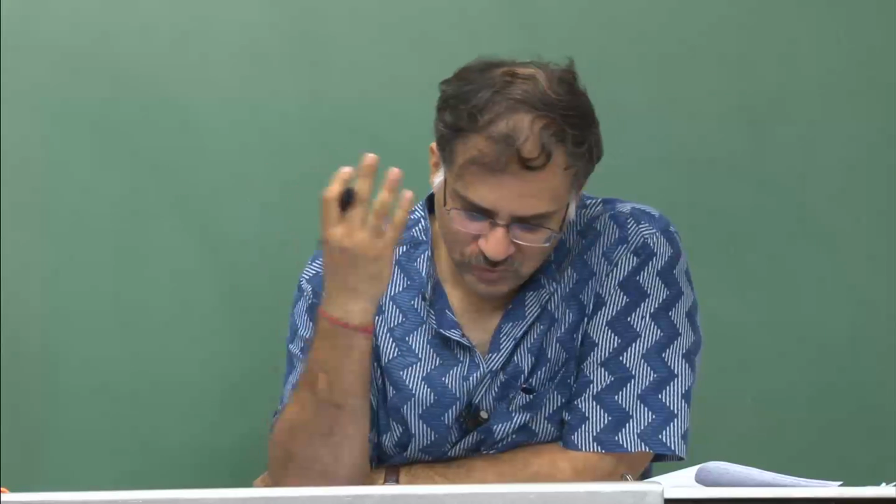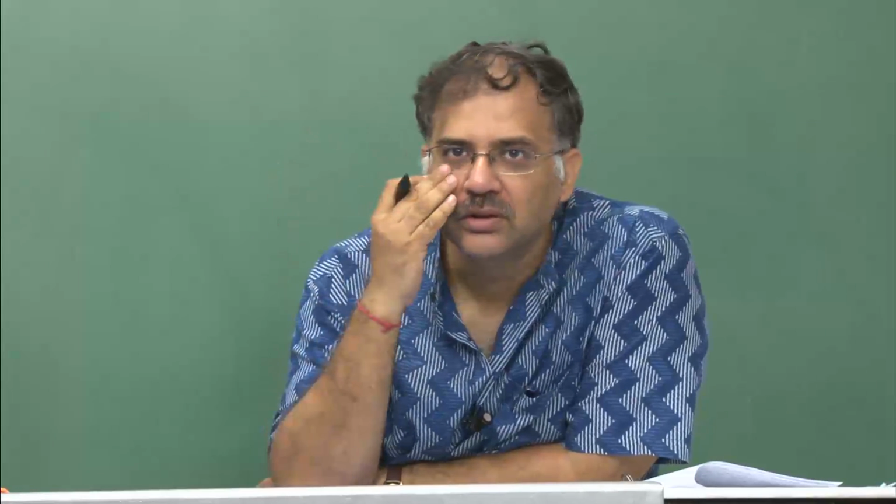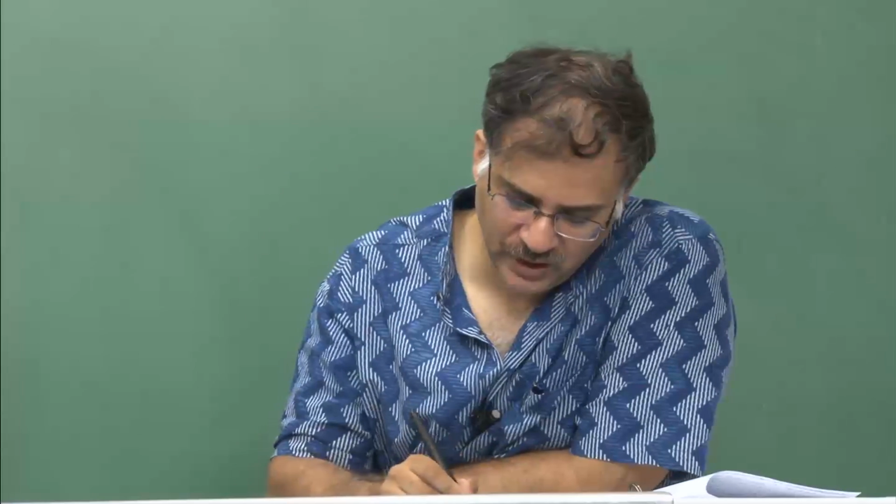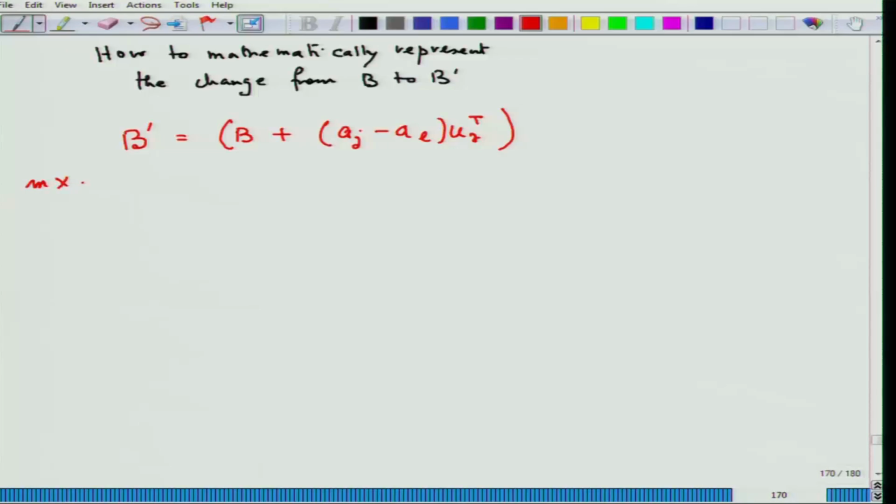Now, let me take a simple case for 3 variables, a 3 cross 4 matrix. Then how would b dash look like?